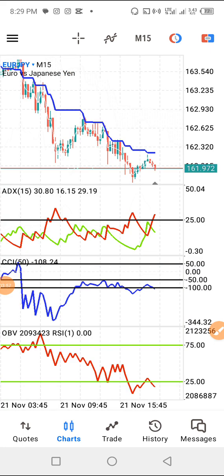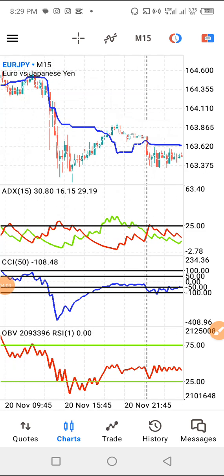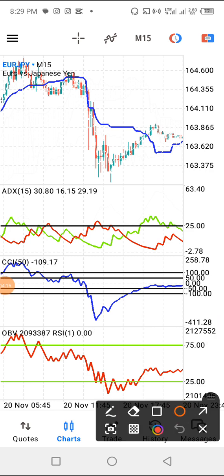This strategy can be used both on forex and on synthetic indices. So when you start having the same formation we had in the H1, price closes below your trend line in your main chart on your 15-minute time frame, and price is below your level 75, which is here.